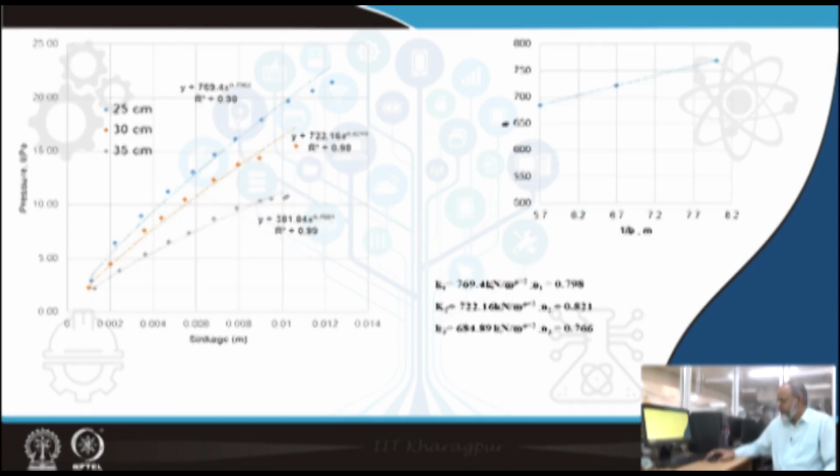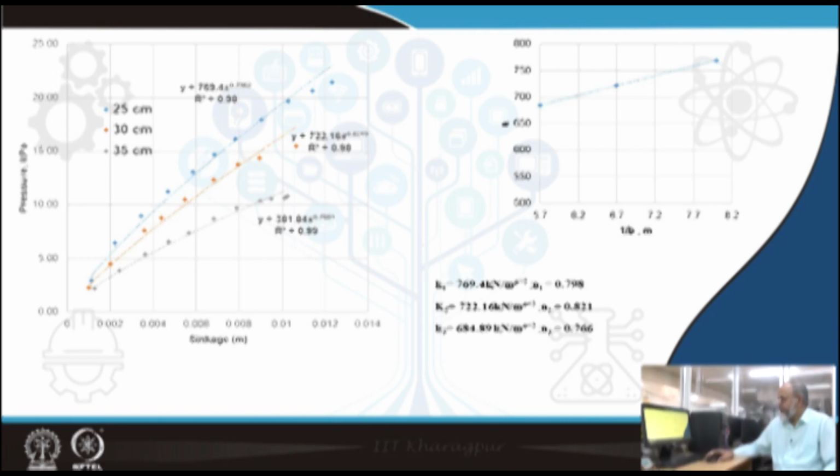So now all the 3 sets of values which we obtained for 3 different plates for the same soil condition, we try to plot in one graph. So these are the results which you can see. The blue line indicates the data related to the 25 centimeter plate.